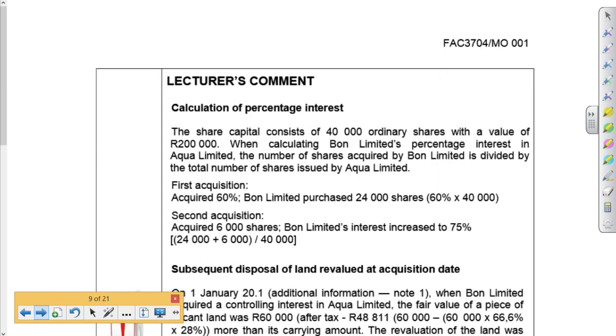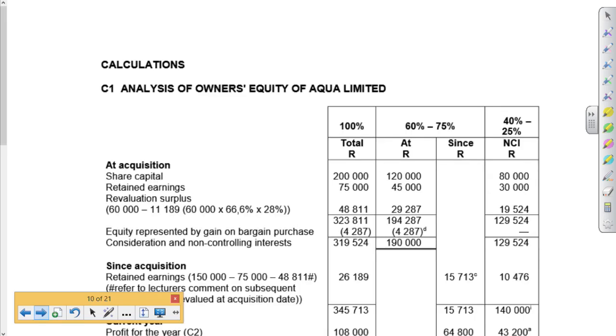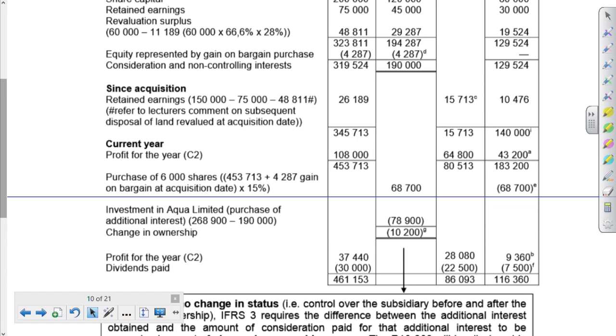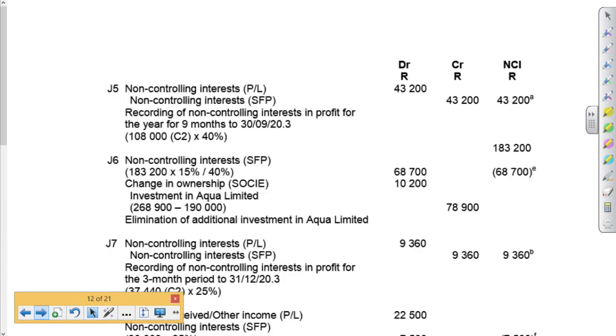Let me see what they do here. 10 to 100, let's see if we get that or not.